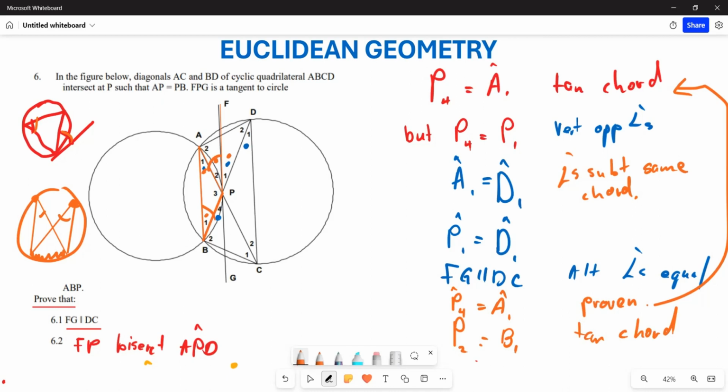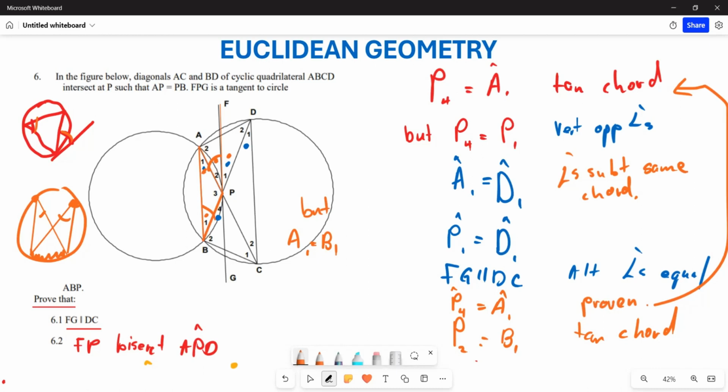So now, what else can I take from here? But now, my angle A1 is going to be equal to my angle B1, right? My angle A1 is going to be equal to angle B1. The reason behind that is, remember that our chord BC, the angles are going to be equal to each other.